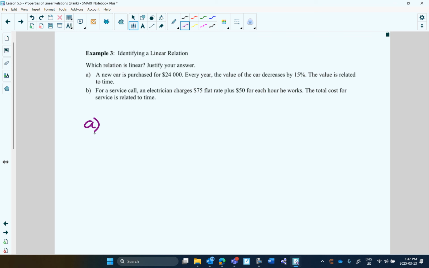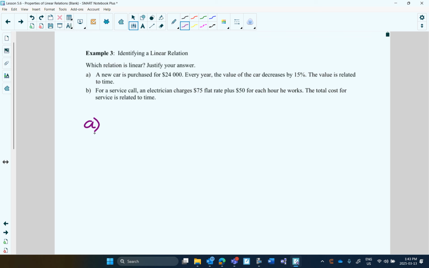So here, we are given the relation in words, and we have to figure out whether it's linear. You purchase a new car for $24,000. Every year, the value of the car decreases by 15%. The value of the car is related to time.